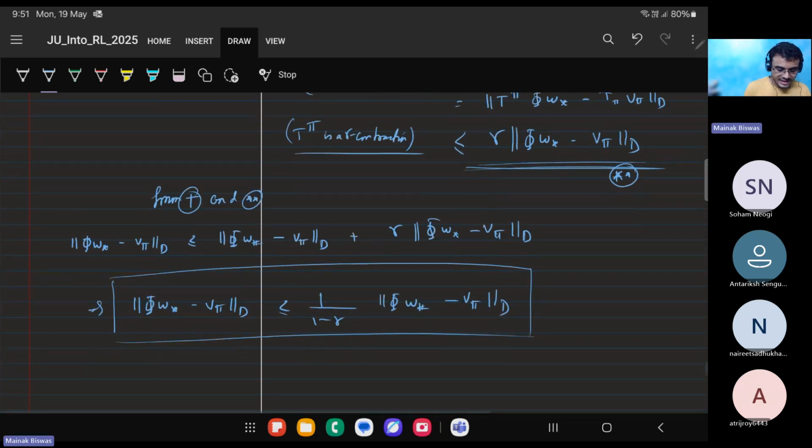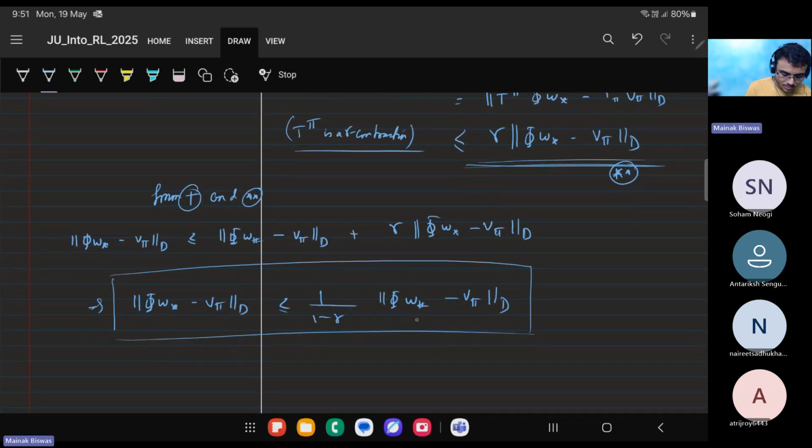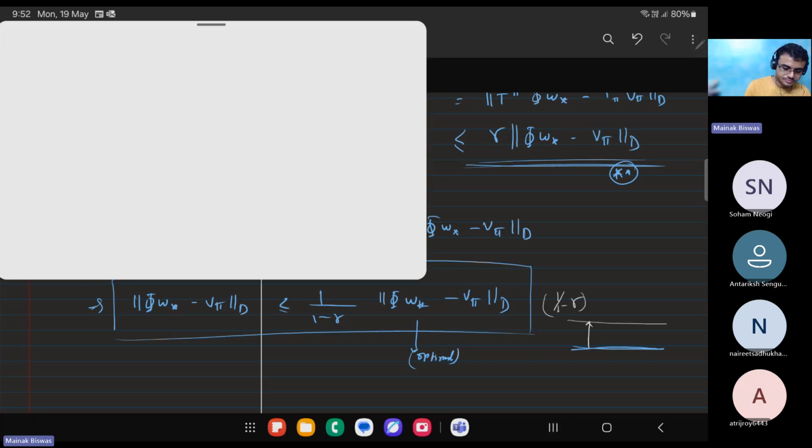So it says that, see, this was the optimal point. So if this was your optimal point, it says that your algorithm can increase this optimal point by a factor of 1 by 1 minus gamma, and then end up reaching that.